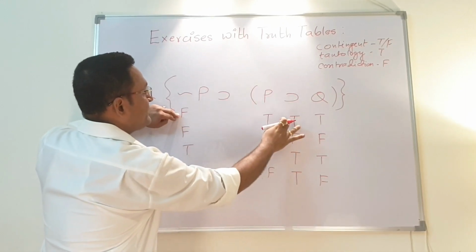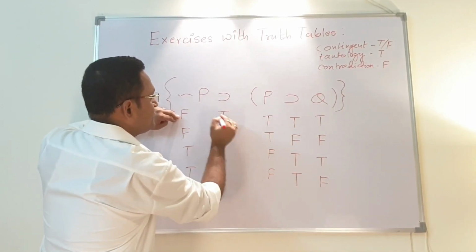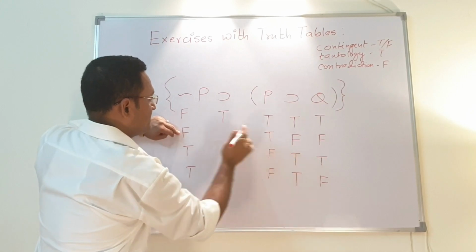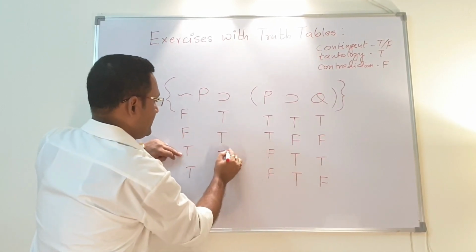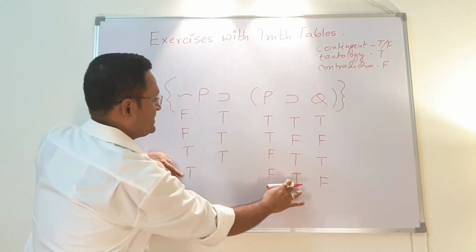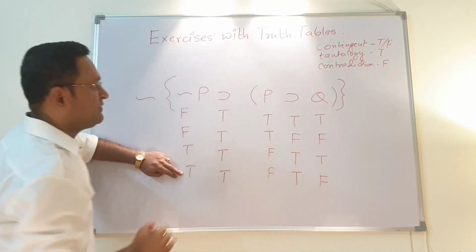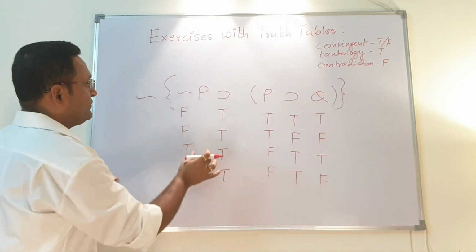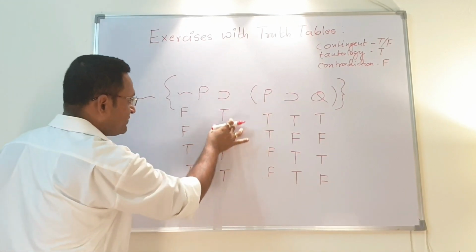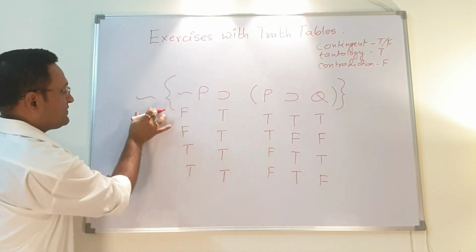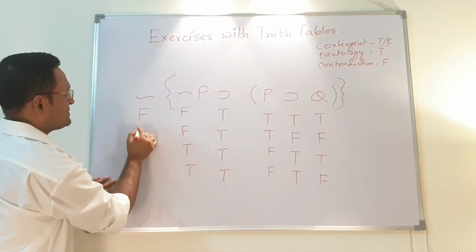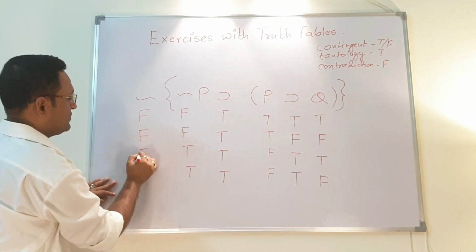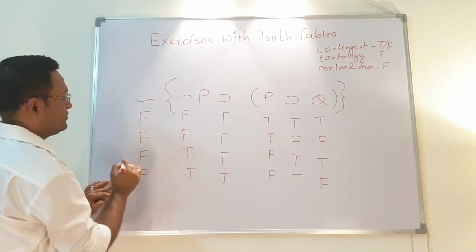So false implies true is true, false implies false is true, true implies true is true, true implies true is true. So we found this value. Now we have to find the negation of this value. So this is false, this is also false, this is also false, and this is also false.